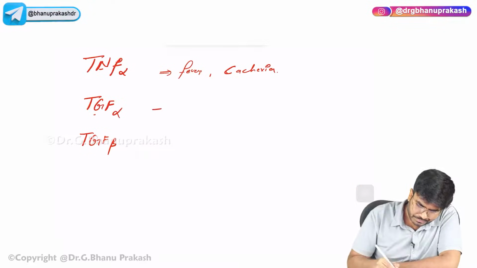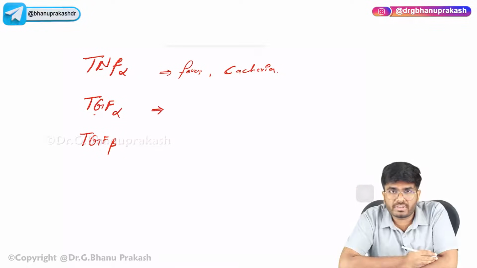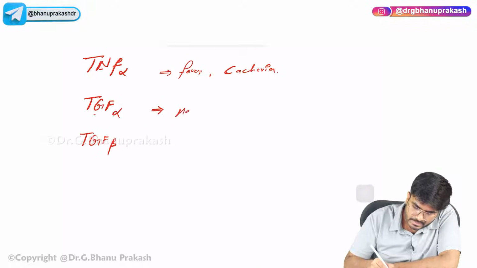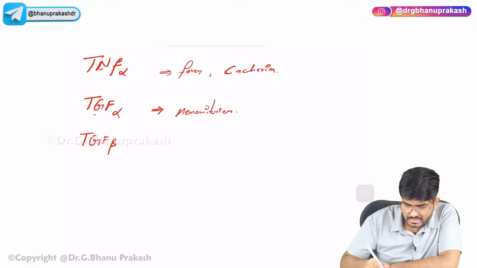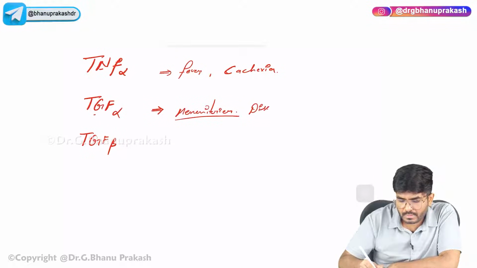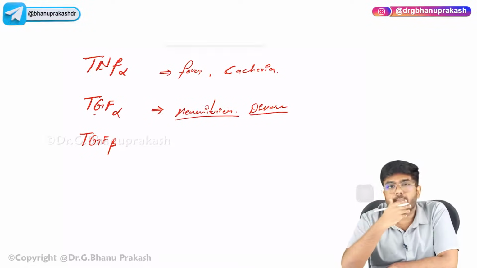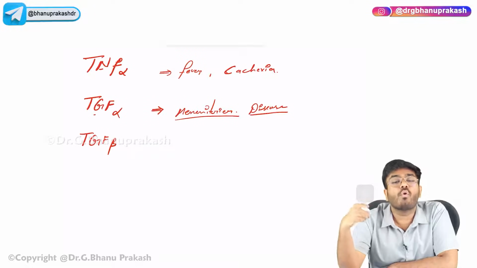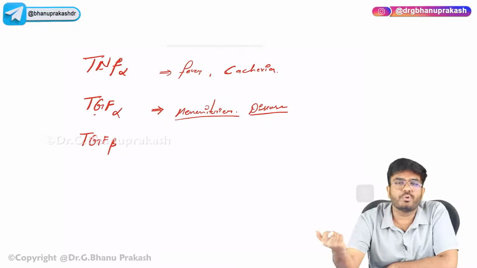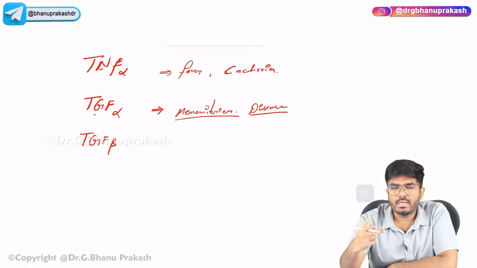TGF alpha, here I'm not talking about the inflammation. This TGF alpha level is elevated in one condition, a disease called Menetrier's disease. In Menetrier's disease, there is hyperplasia of the foveolar cells in the gastric mucosa.